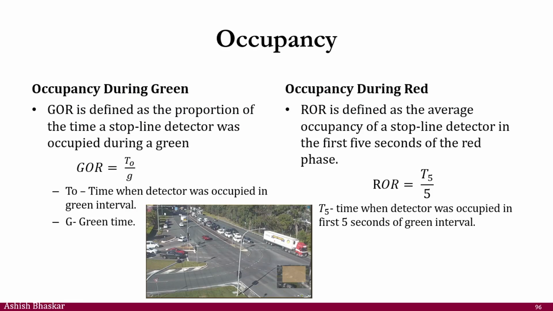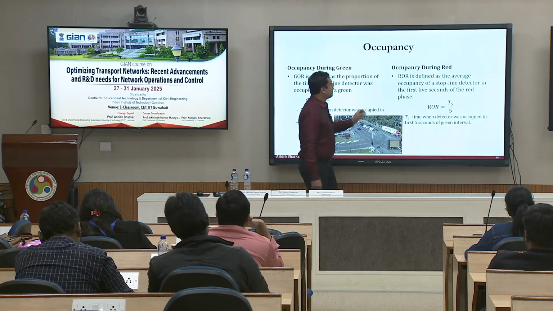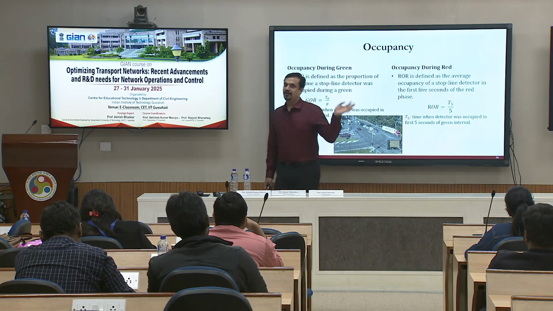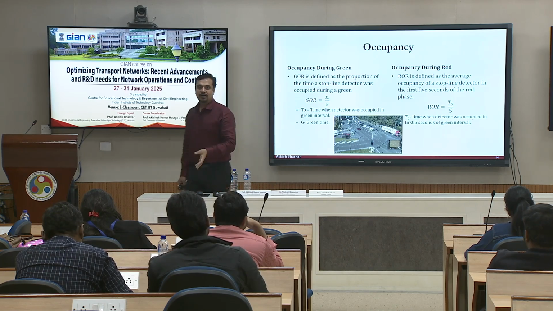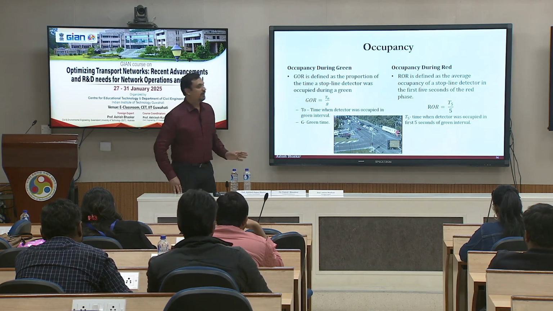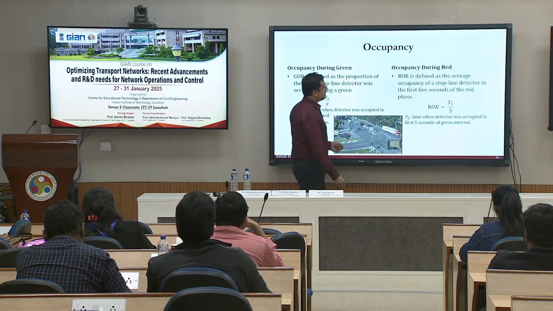So, what we do here is we define two terms. Green occupancy during green, GOR, green occupancy ratio, which is the percentage of the time when the green was occupied, and occupancy during red. I will not be focusing on the entire red. I know that after a while somebody will come and stop at the intersection, so I will not take the whole red; I am only going to take the first 5 seconds.